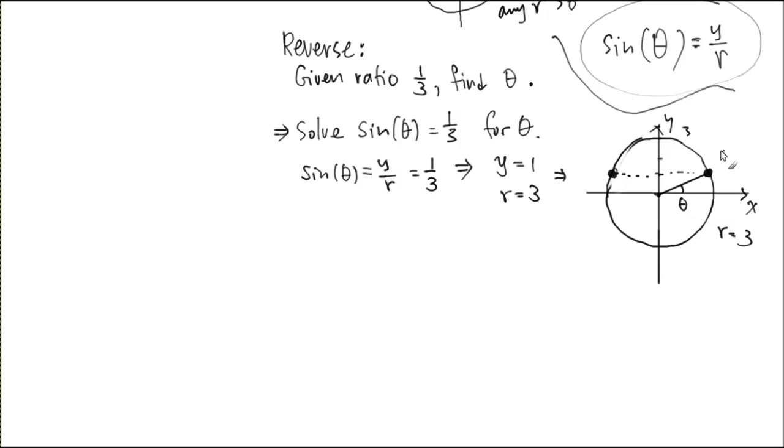I don't know what the x-coordinate is, so I'm going to write it x1, 1. Is that correct? How about this one over here? The y-coordinate is still 1, but the x-coordinate is different, right? It's x2. Actually, let me just use x there. This is negative x, right? It's the flip side exactly. So what is the angle for this one in here?